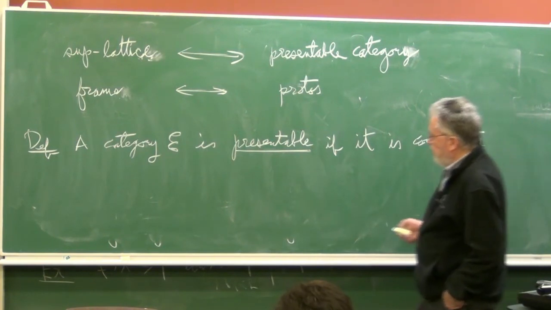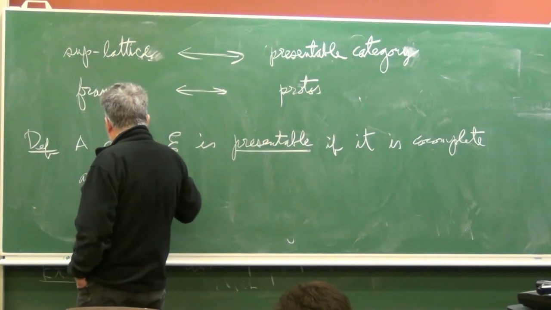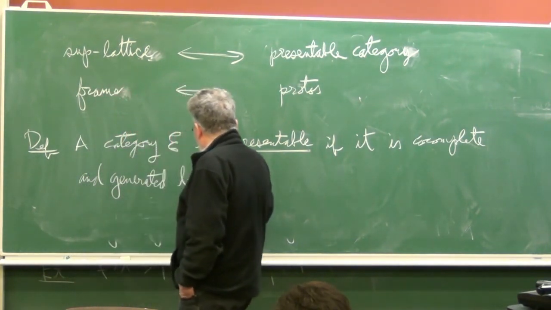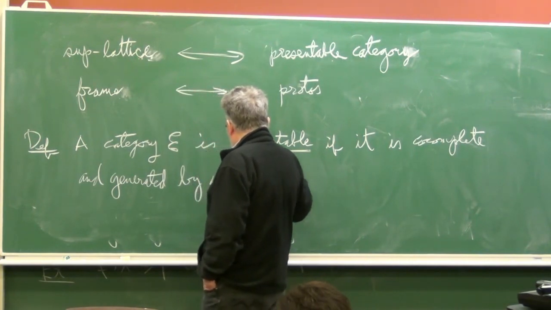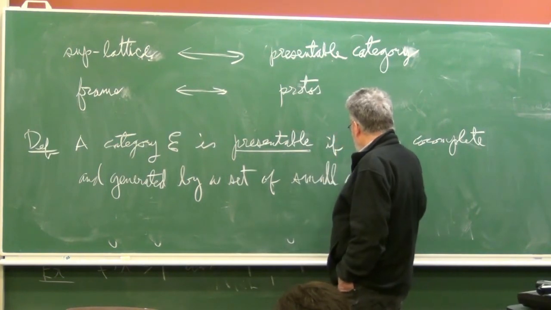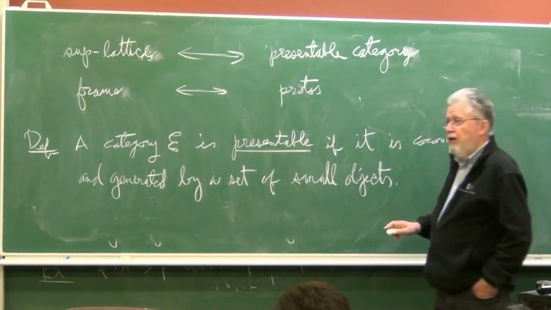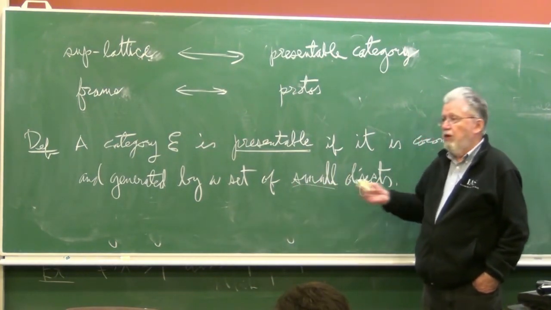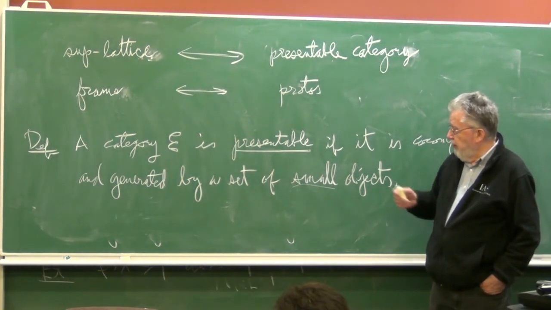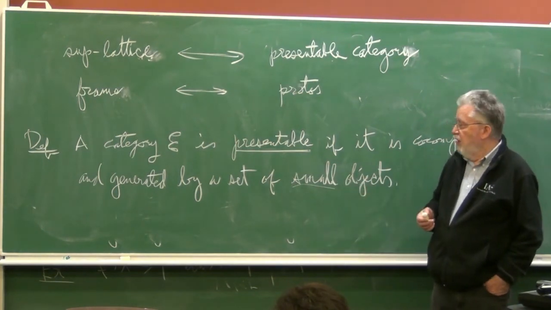Now, if it is co-complete and generated by a set of small objects, I do not have the time to define what is a small object, but almost every object that you encounter in mathematics is small.